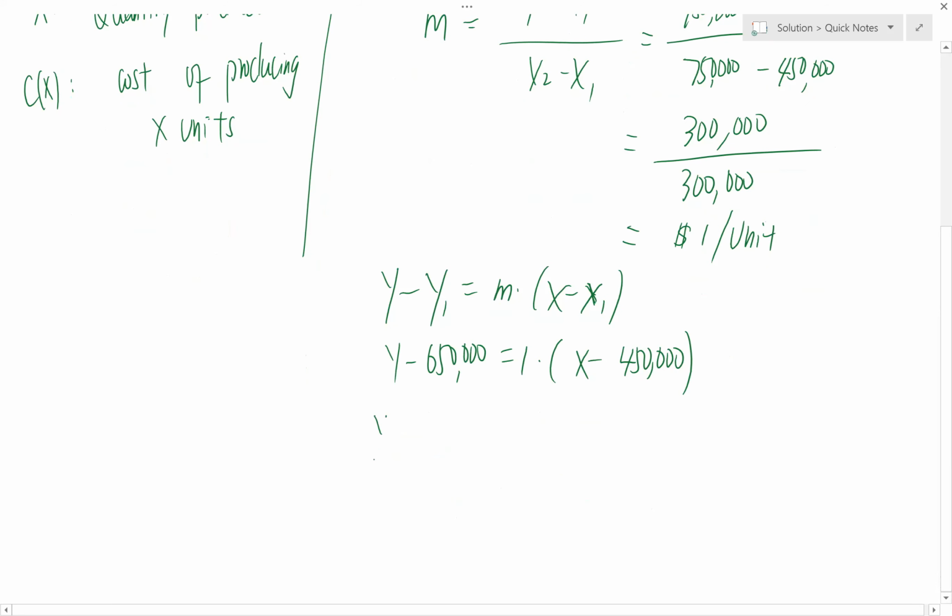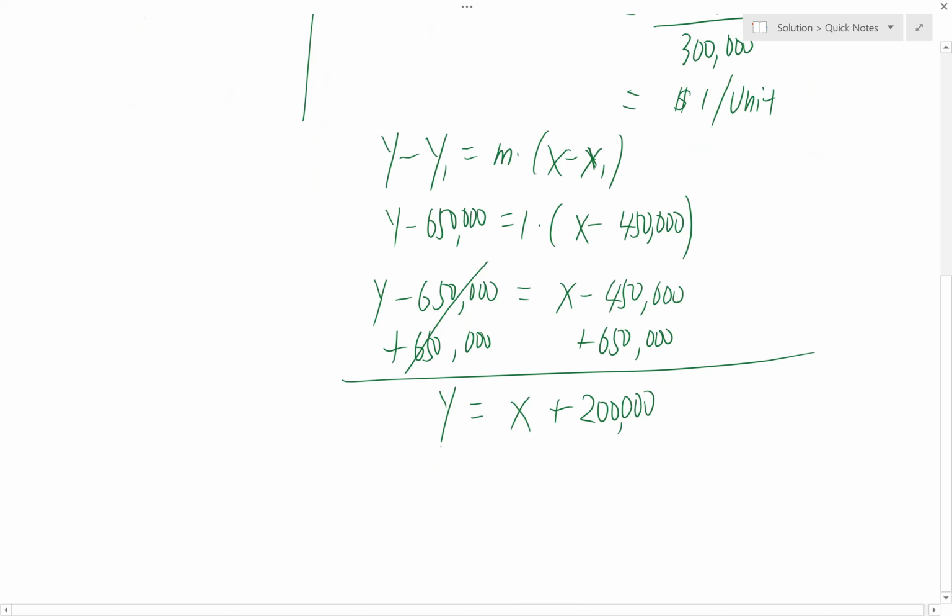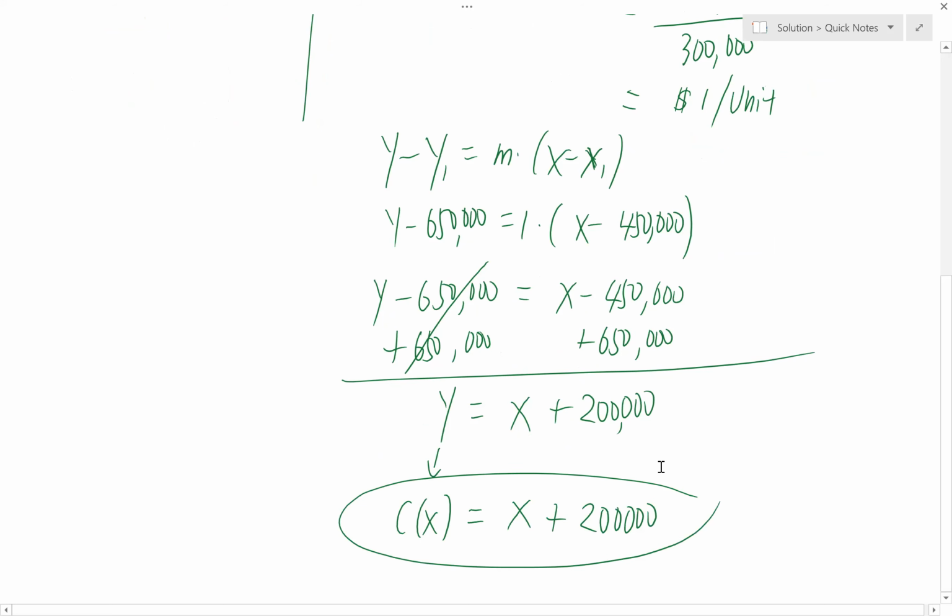Now we're adding 650,000 to both sides of the equation. Canceling that, y equals x plus 200,000. Then we use function notation, so y becomes C of x. So the cost of producing x units will be x plus 200,000. Okay, so this is the cost function.